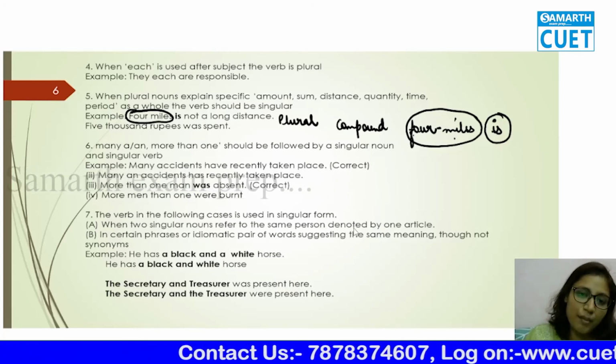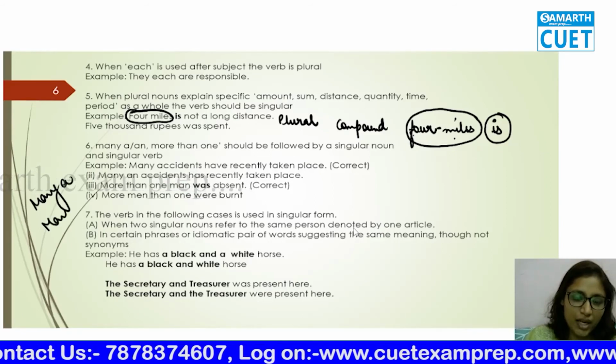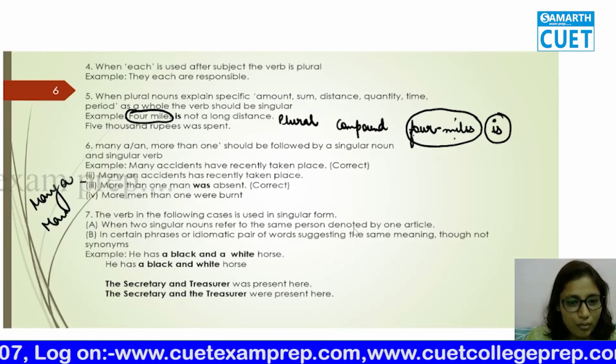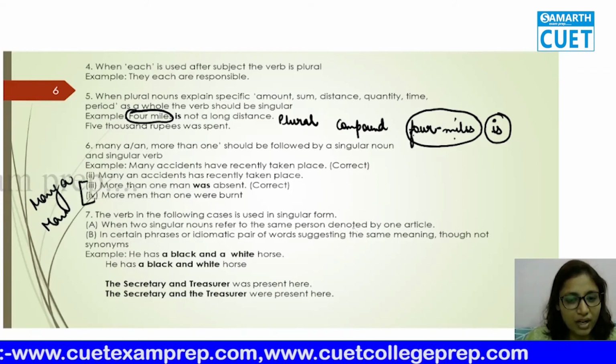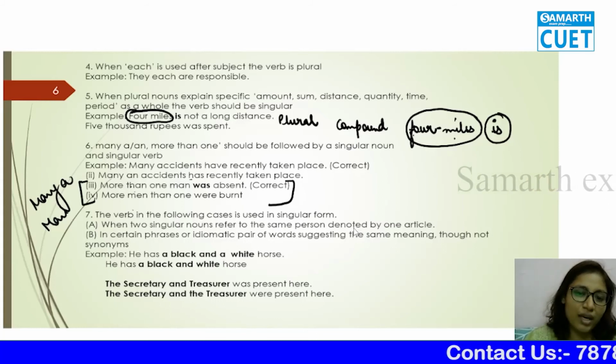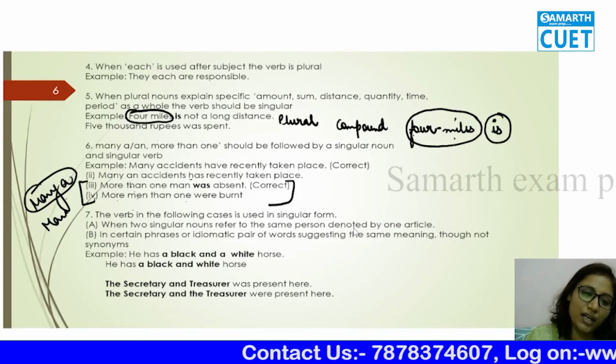Then comes many, many a, and more than. I already told you the difference between more than one and more men than one. I already explained it earlier. Similarly, like more than one man and more men than one, there's many and many a.